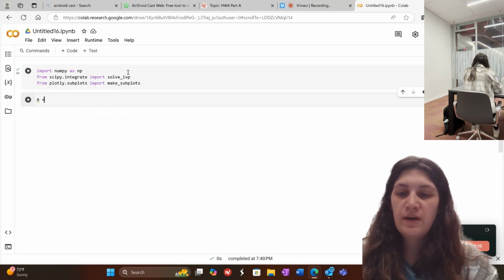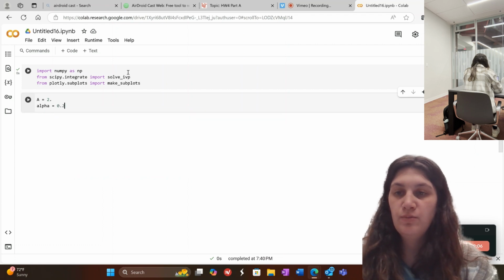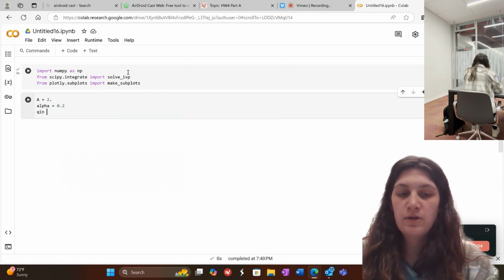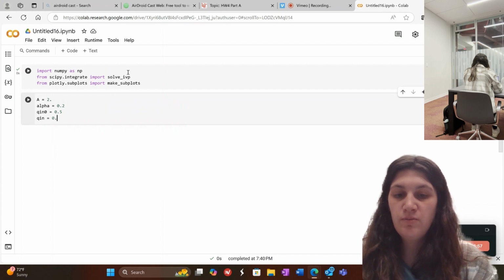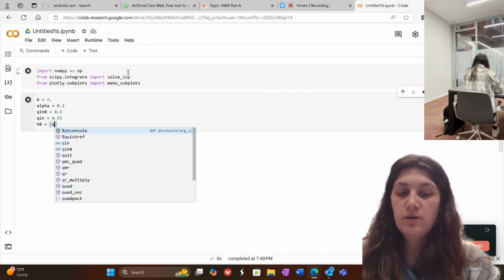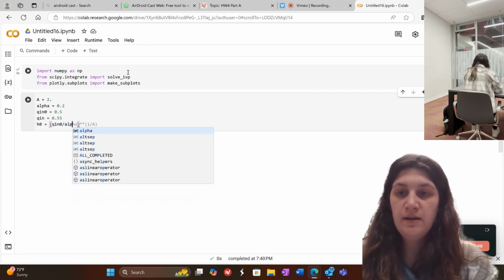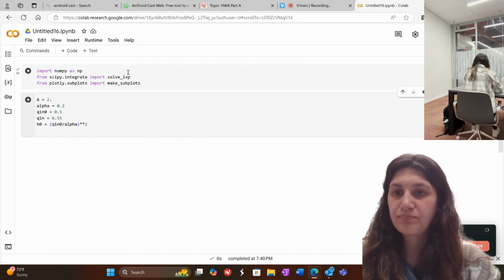So first we have our cross-sectional area of 2 meters squared. Then we have our alpha, 0.2. Our Q in initial was 0.5. And then we're going to increase our Q in to 0.55. H naught is equal to Q in naught divided by alpha, squared.